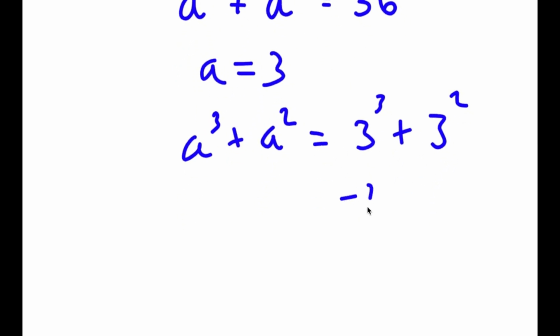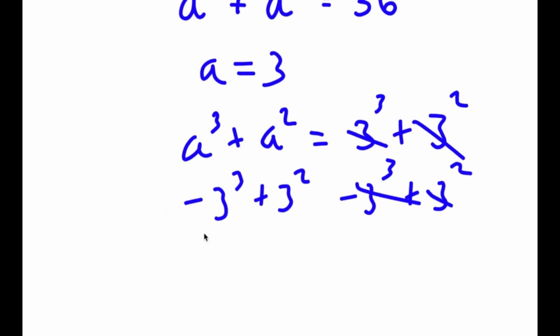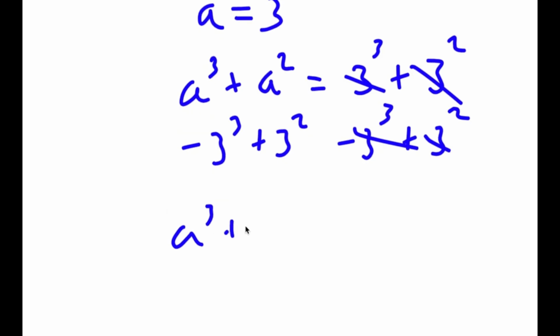So now I'm going to subtract 3 to the power of 3 plus 3 squared on both sides. So these two cancel out. I get a to the power of 3 plus a squared minus 3 to the power of 3 minus 3 squared, sorry, is equal to 0.